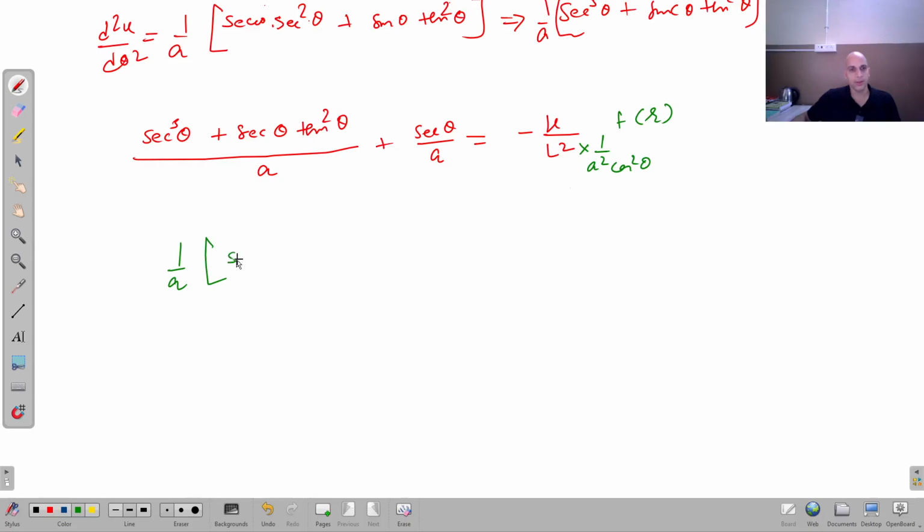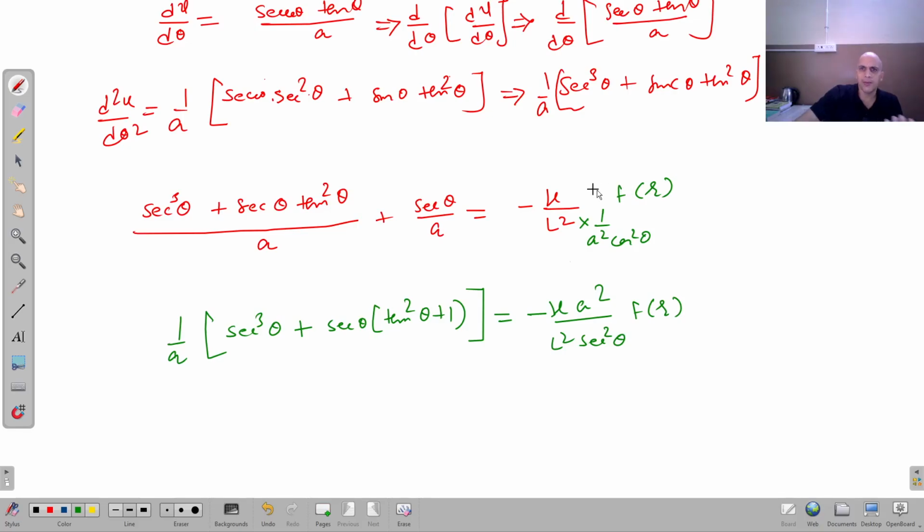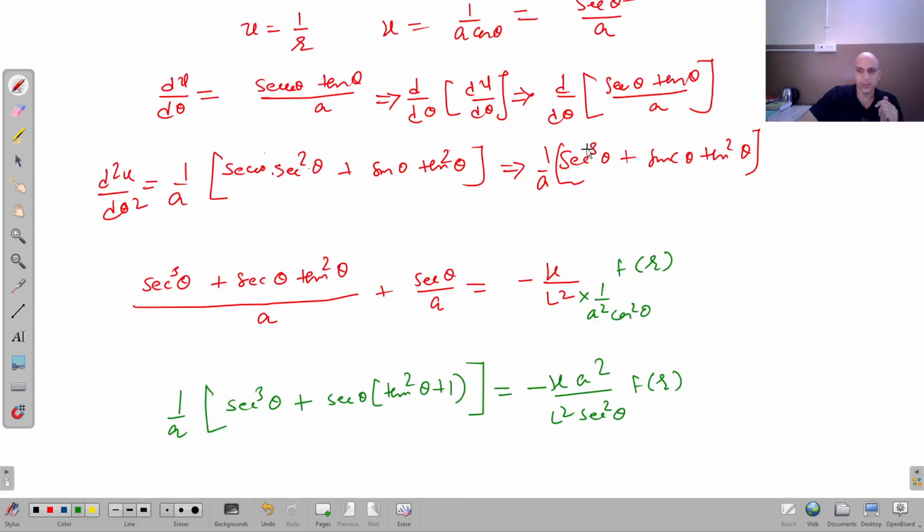So I got secant cube theta plus secant theta common, tan square theta plus 1, divided by a, because we have already taken it common, is equal to minus mu into a square divided by L square. 1 upon cos square theta means secant square theta into f r. I am writing f r because 1 upon u is r, right?